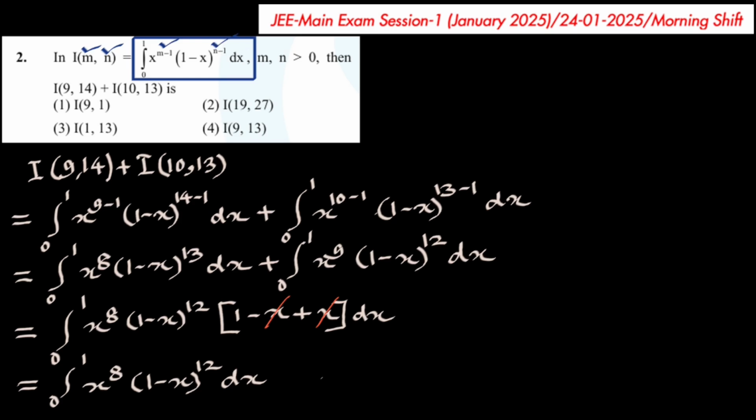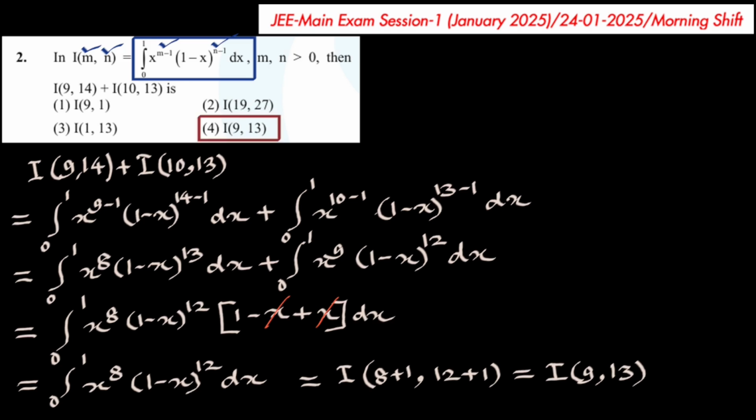We will do the same thing here and write I(8 plus 1, 12 plus 1), thus getting I(9, 13). So the correct answer is option 4, I(9, 13).